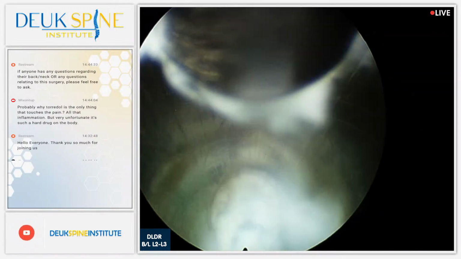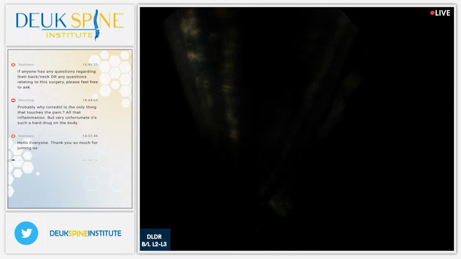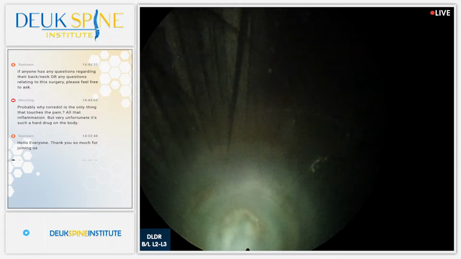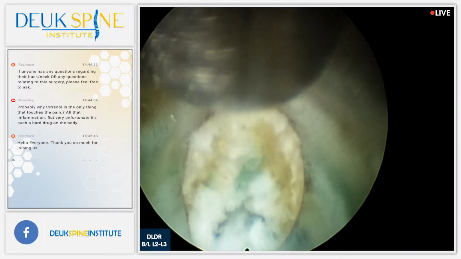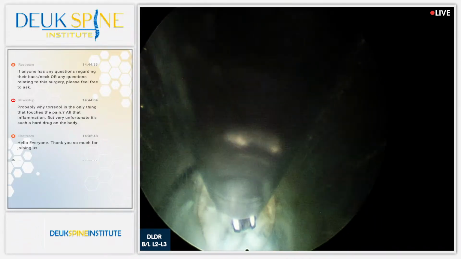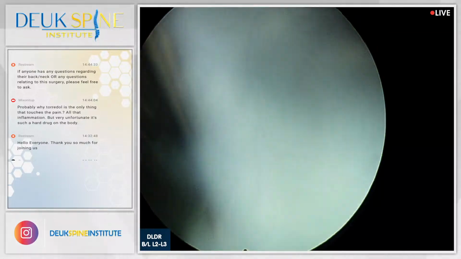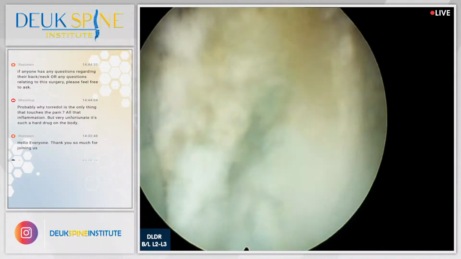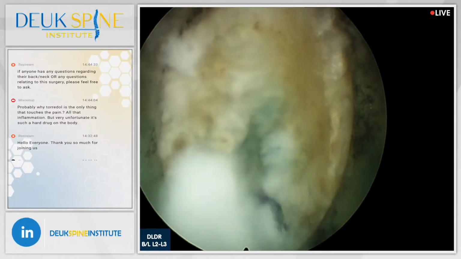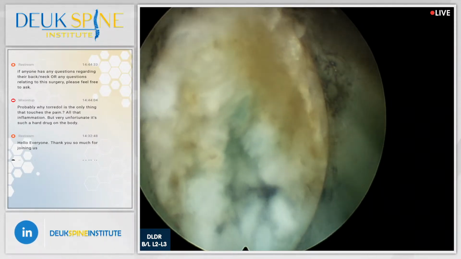Now, one thing that is important to keep in mind if you do endoscopic transforaminal spine surgery is you always want to not just look what we call medially towards the midline, you want to look also laterally in the foramen, because some herniated discs are lateral and you've got to get those too, otherwise they could cause pain or pinch nerve for the patient.